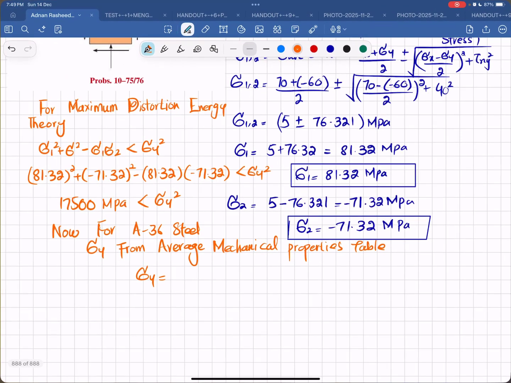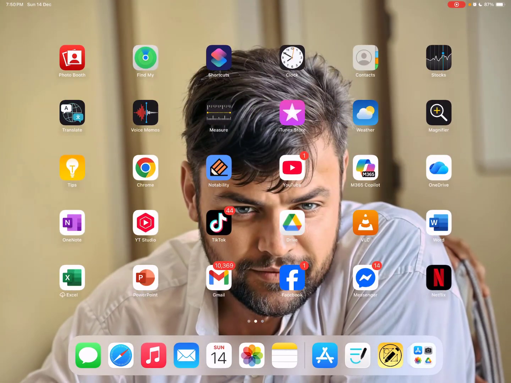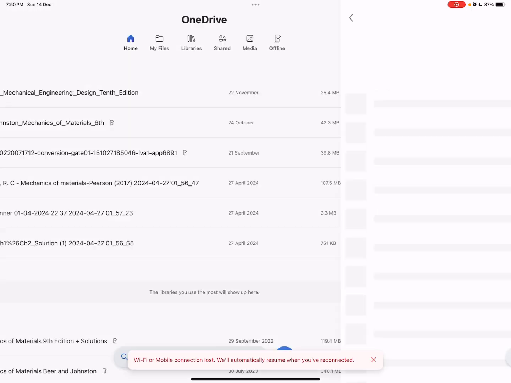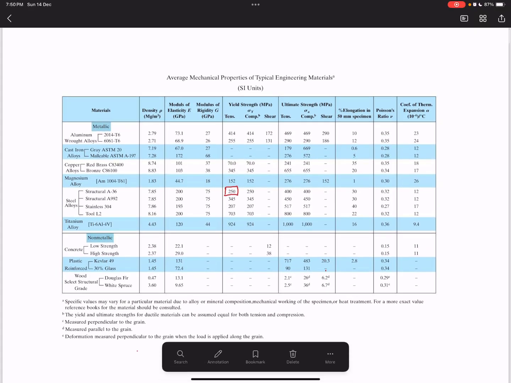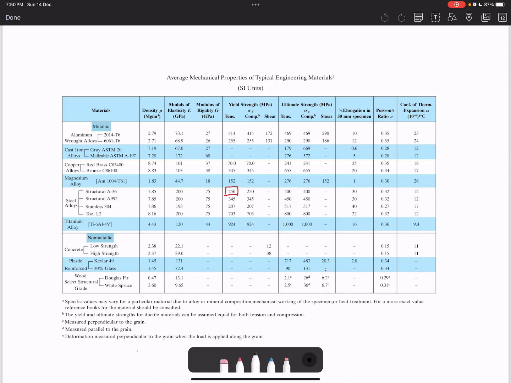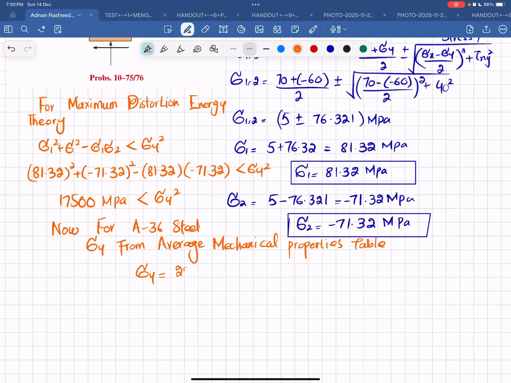So I will go to the book. Okay, I don't have it at this stage, so I will open this book, and here you can see this is A36, so it's already highlighted. I did it for the previous problem. So 250 megapascal, the unit will be 250 megapascal. So again, sigma y is 250 megapascal.